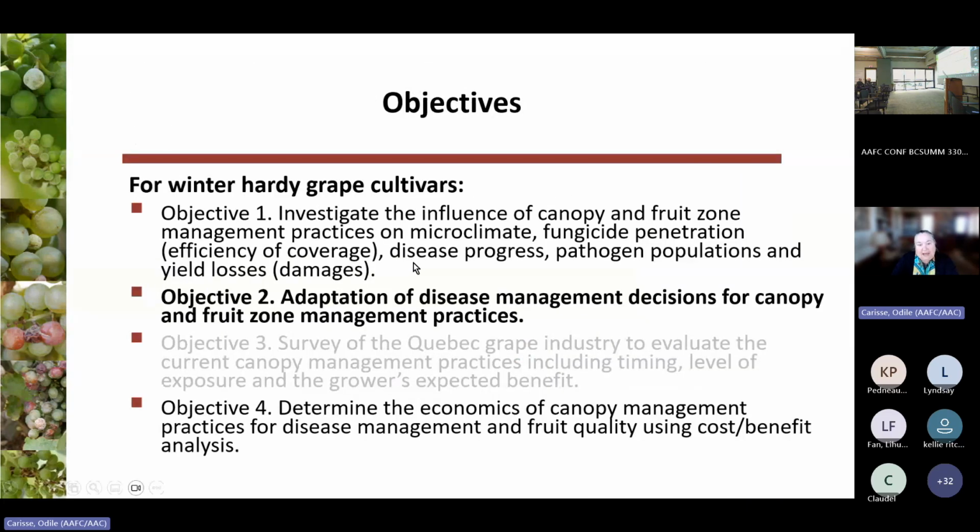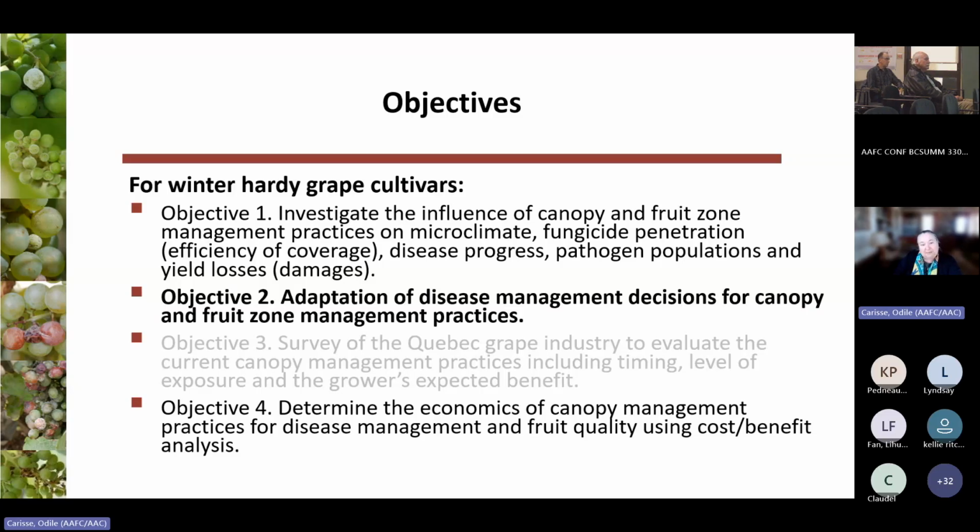Sorry, I won't have time to present everything we did over the last 5 years, but I'll show quickly the results of the first objective, which was a classical experiment where we investigated the influence of canopy management. I'll show mostly the results for leaf removal in the cluster zone on microclimate, fungicide penetration, disease progress, and the pathogen population.